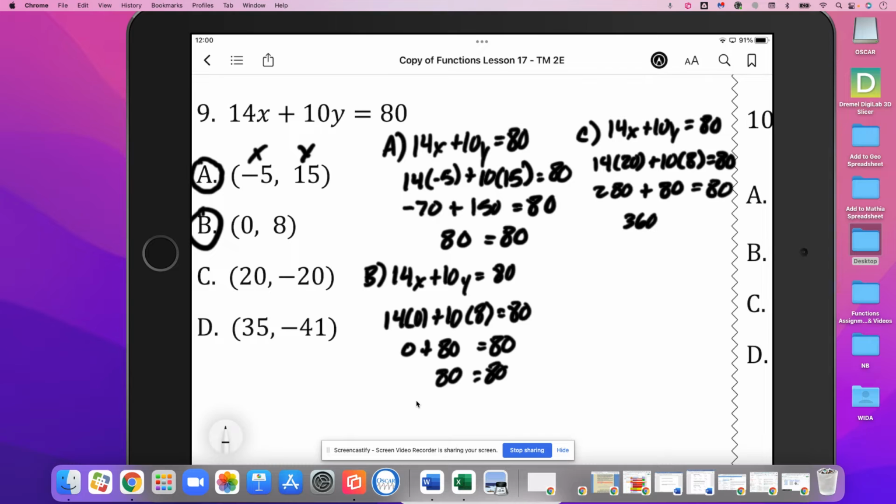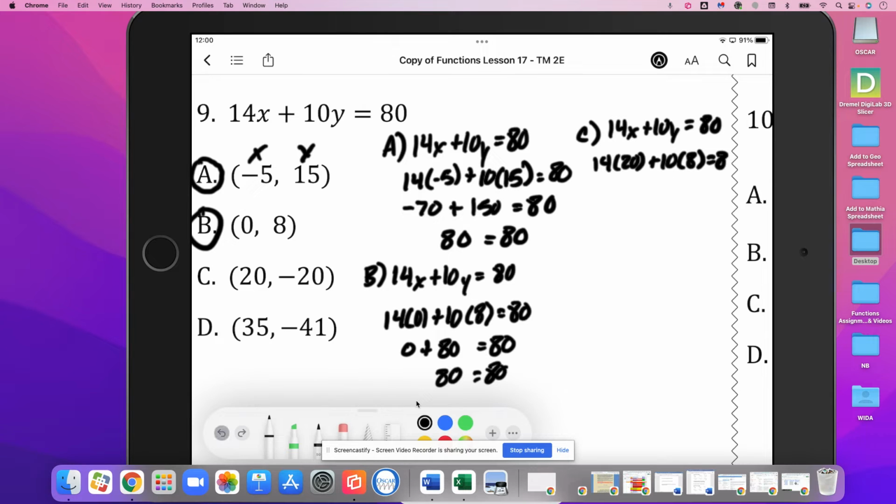Obviously 360 is not equal to 80. So C, or wait, did I do that wrong? I did. I don't know what I was reading, guys. So let me do that one again. I accidentally took 8 from the other problem. My bad. So we'll try again. Mistakes happen, even for Schlegel.